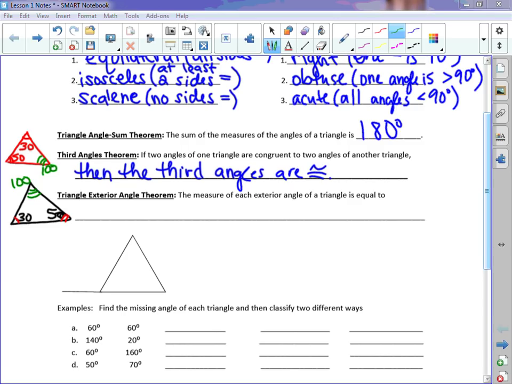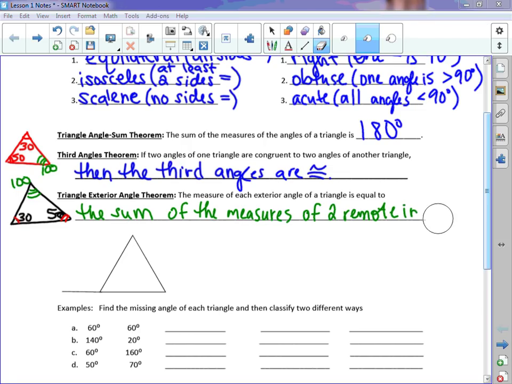So then we also have our triangle exterior angle theorem, and this is what you had to use with your homework last night. The measure of each exterior angle of a triangle is equal to the sum of the measures of the two remote interior angles.